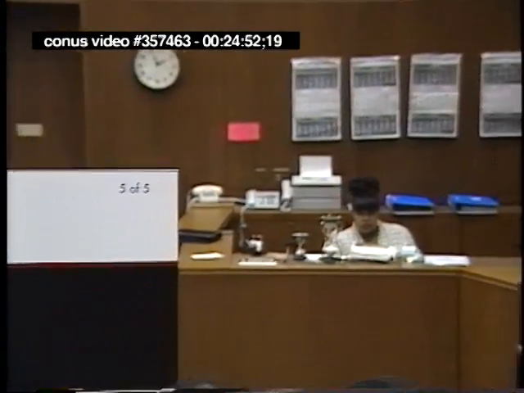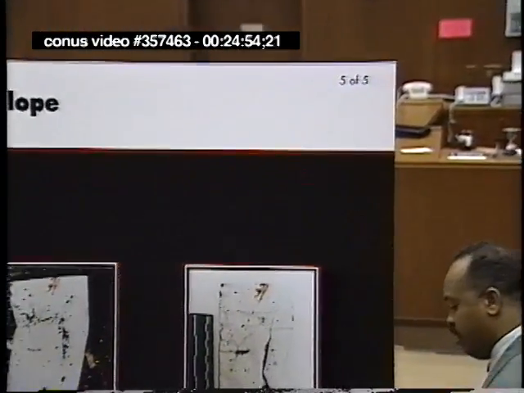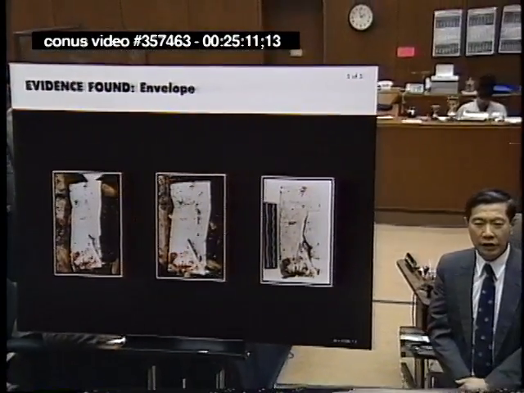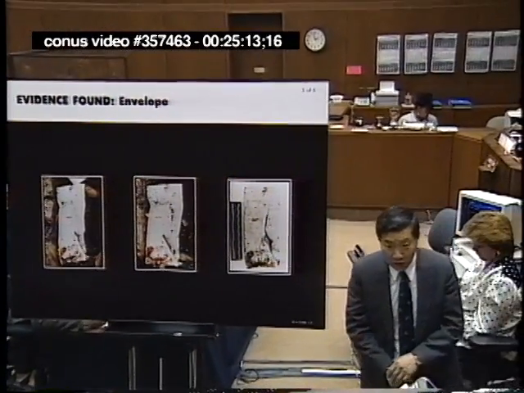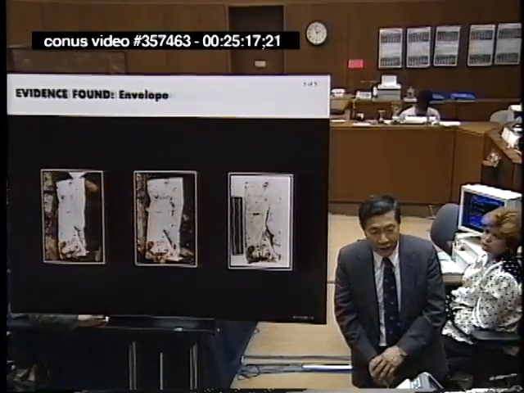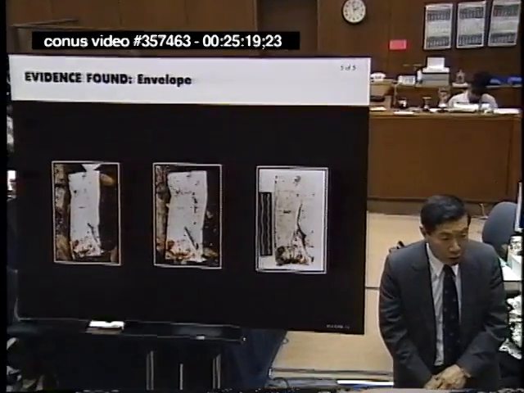Your Honor, this is 1349, and it's entitled Evidence Found Envelope. All right, thank you. And Dr. Lee, could you please explain what these three pictures show? These three pictures depict the same envelope, taken at different points in time.